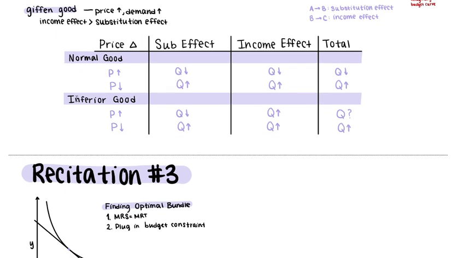Now for inferior goods, if the price increases, the substitution effect also decreases quantity, but the income effect increases it. For inferior goods, the price increase means you are relatively poorer, and if you're poor you need to buy more, so the income effect increases.